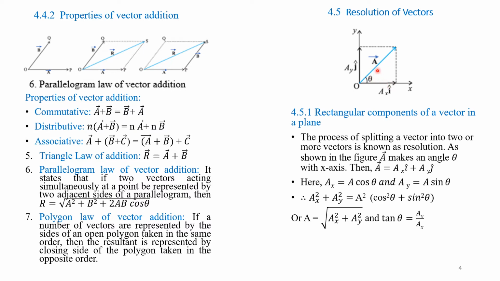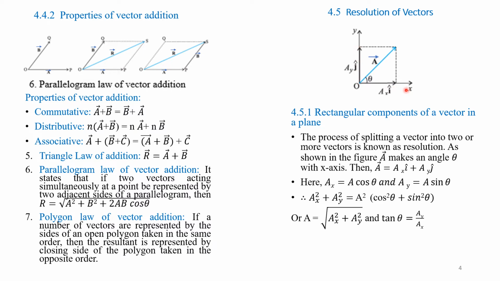Then vector A is equal to AX into I, where I is a unit vector along the x-axis, plus AY into J, where J is the unit vector along the y-axis. This is J and this is I.